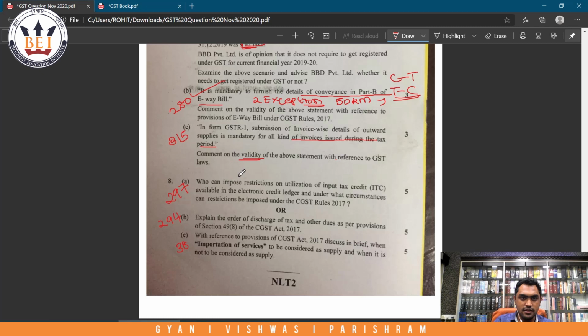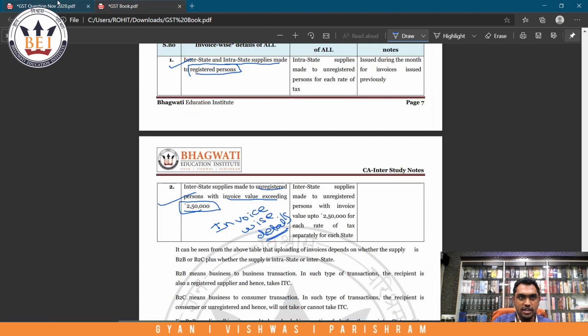Fine. Then next, who can impose restriction on utilization of input tax credit? This question is directly related to the amendment. There was a new rule which was inserted, rule 86A in the ITC chapter. So this is directly related to the payment of tax chapter.